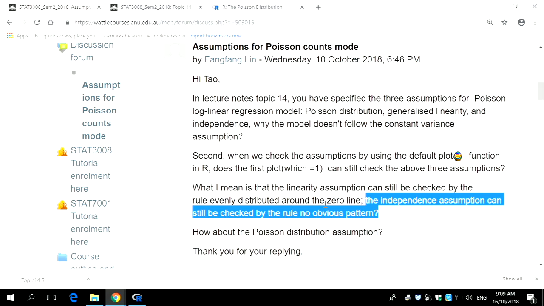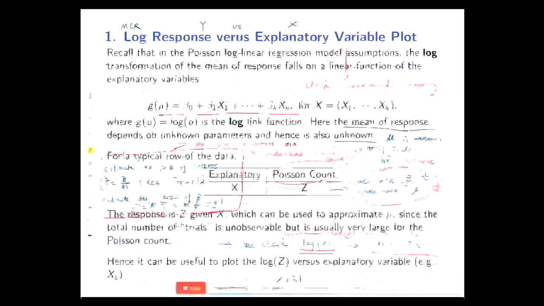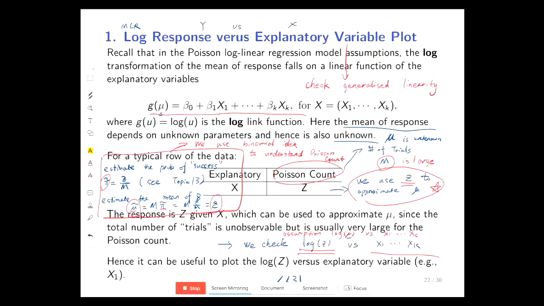Okay, let's start the second part of today's lecture. In the previous lecture, we tried to answer the questions on the discussion forum to make the model diagnostics of the Poisson log linear regression model. Here, we propose to use this log response versus experimental variable plot to check the generalized linearity assumption.